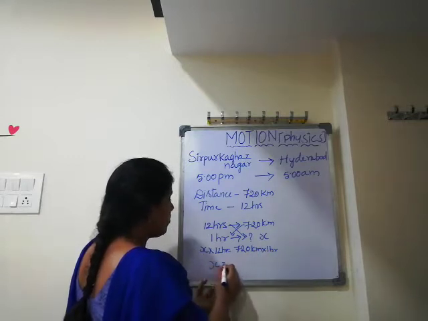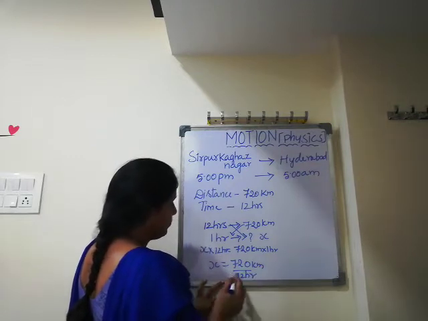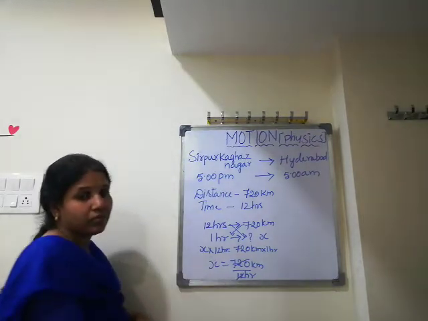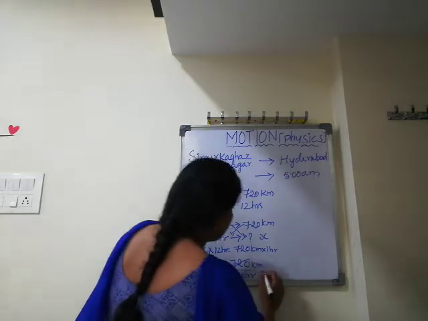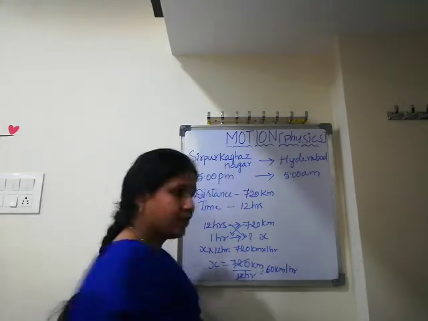From this, x is equal to how much, children? 720 kilometers by 12 hours. That is 60. So 60 kilometers per hour.